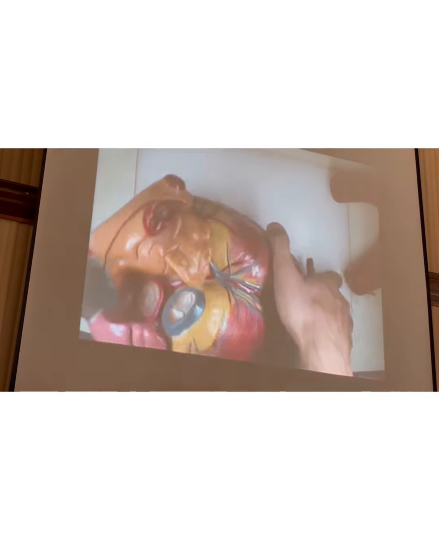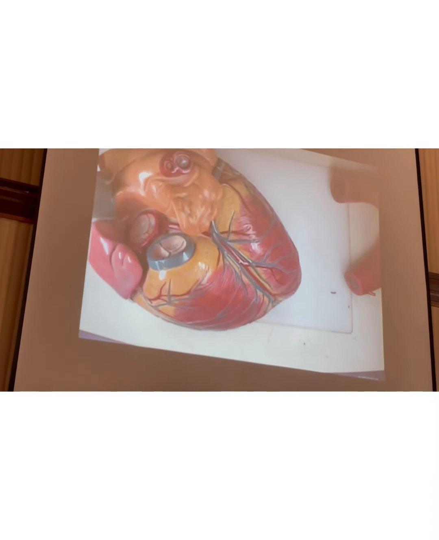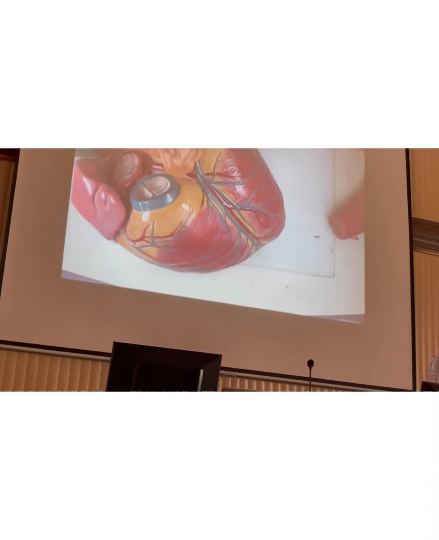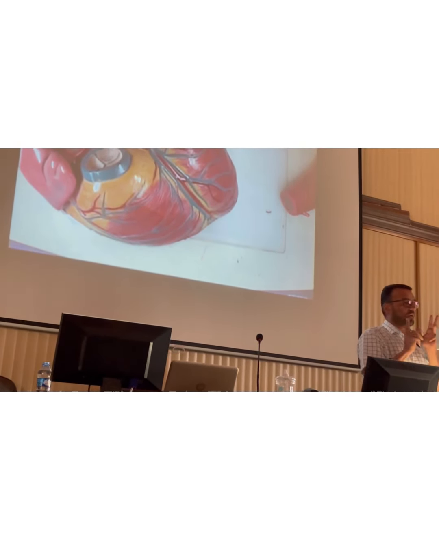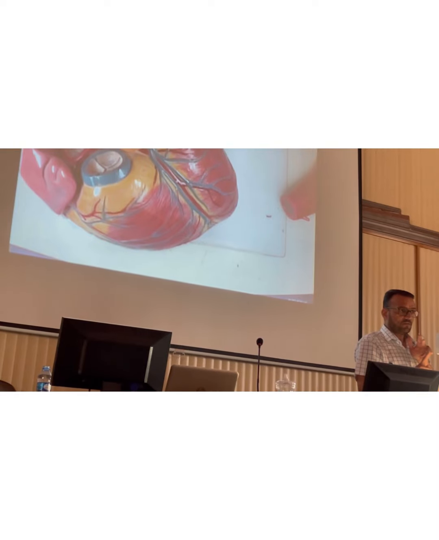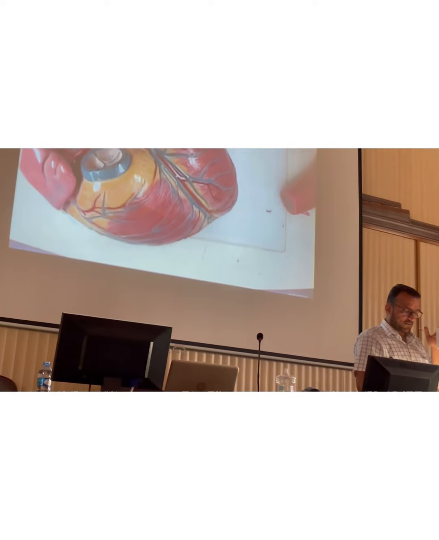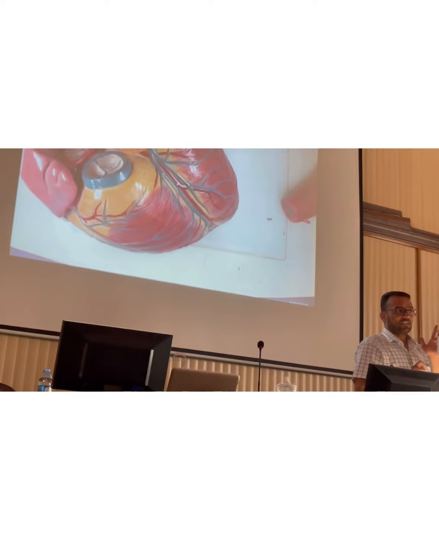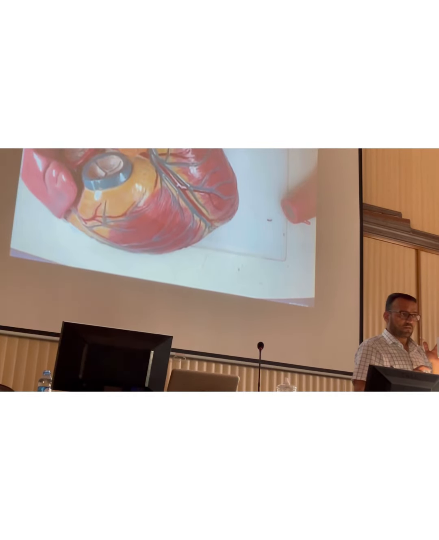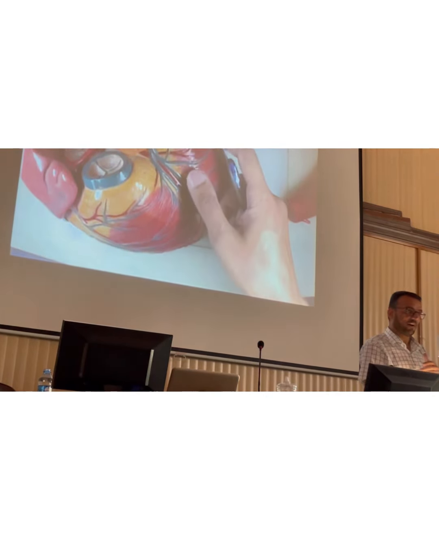So, to summarize, the right coronary artery supplies the right atrium, and the left atrium except the left auricle, the right ventricle, and the posterior third of the interventricular septum. The SA node, the sinoatrial node, is supplied by the right coronary in 60% of the population, and in 40% by the left coronary artery.